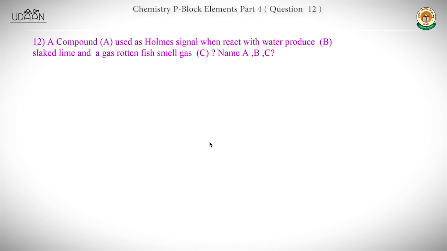So firstly we should know the compound A, which is used as home signals, okay. The compounds which are used as home signals are CaC2 and Ca3P2. It is mentioned in NCERT also. Which is calcium carbide and calcium phosphide. Yes. And when both react with water, what will be the products?